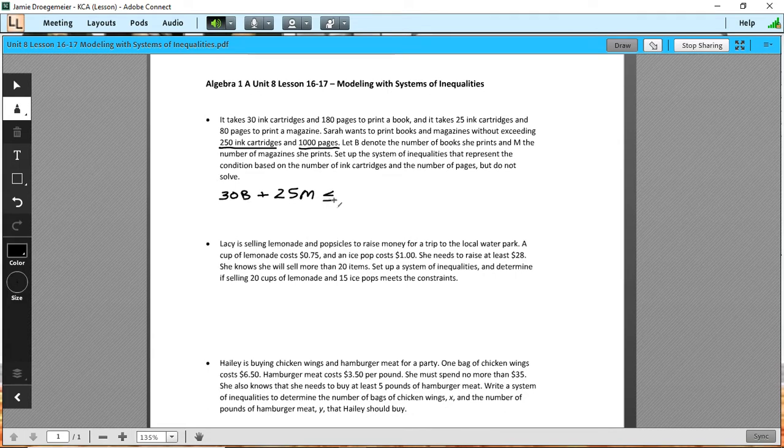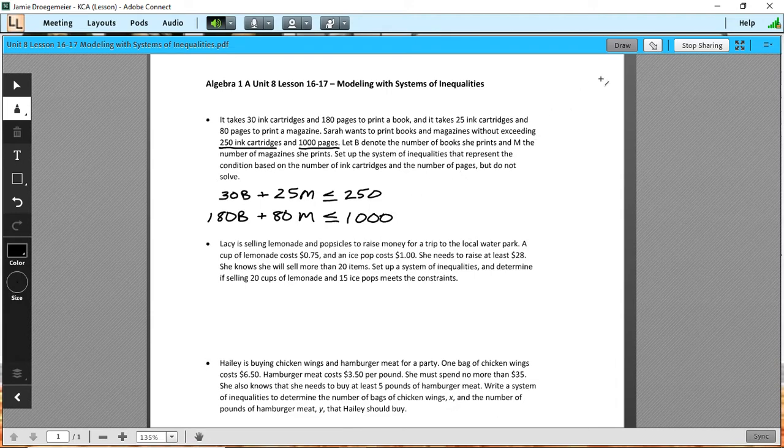That cannot be greater than 250, so it has to be less than or equal to 250. That would be one of our inequalities. Then we do the same thing looking at pages. It's 180 pages for each book and 80 pages for each magazine. That needs to be less than or equal to 1,000. Those would be our two inequalities for this one. It didn't ask us to solve it.